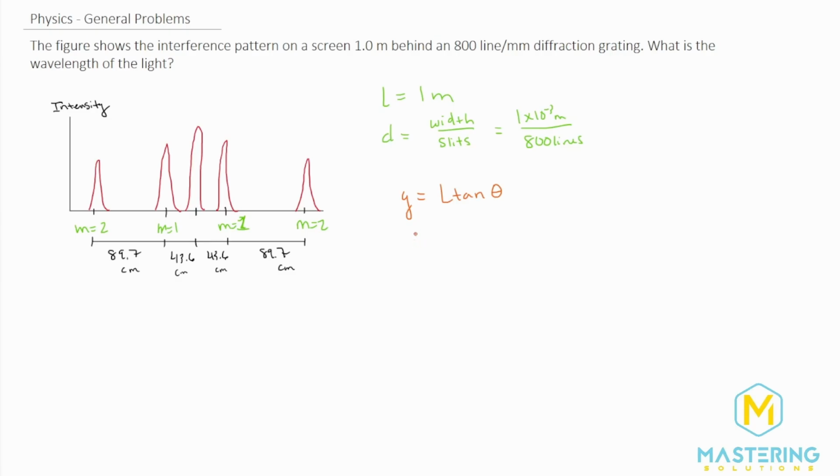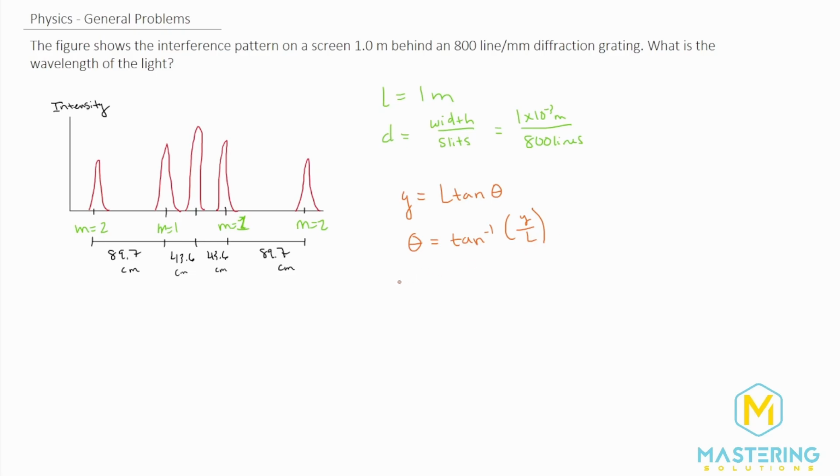This time, we're going to use theta equals inverse tangent of y over L. We have y, because that is the distance from the central max out to a bright fringe. For m1, that's 43.6. For m2, it's 43.6 plus 89.7. And L is 1 meter, of course.